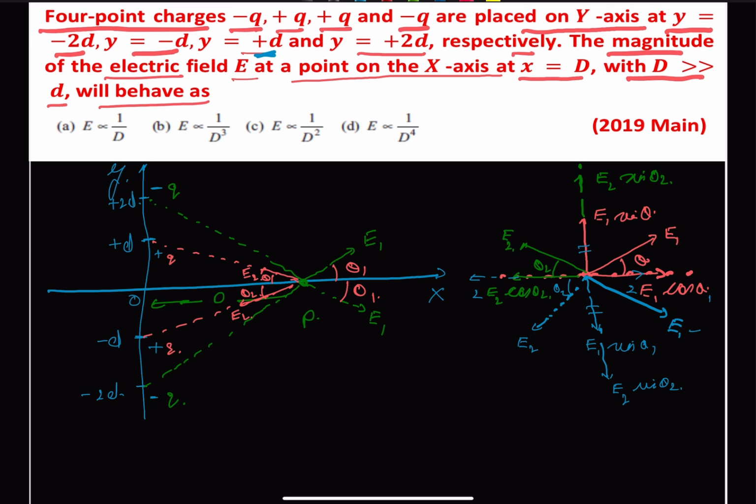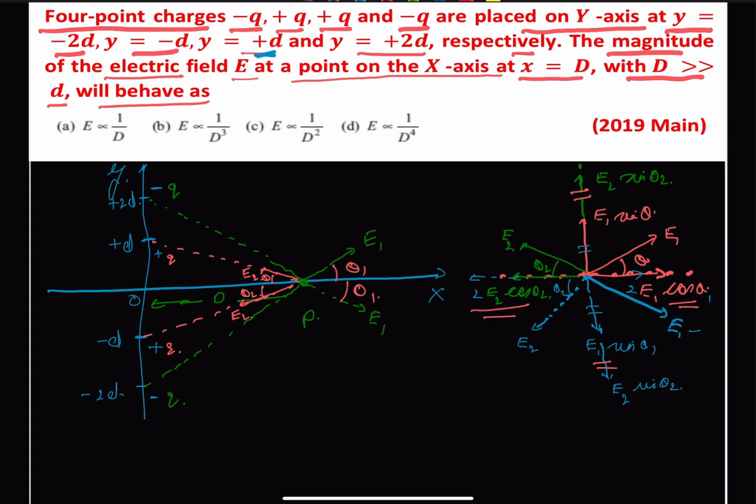And here also E2 sine theta 2 and E2 sine theta 2 are in opposite directions, so they are going to balance out each other. Therefore the net electric field will be only because of the cosine components.